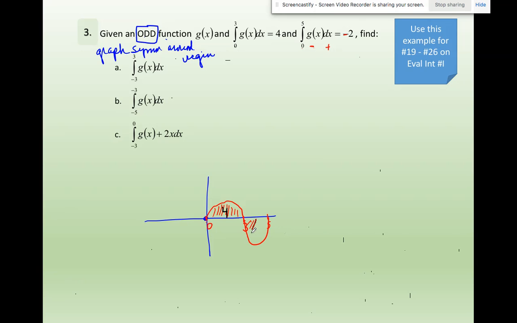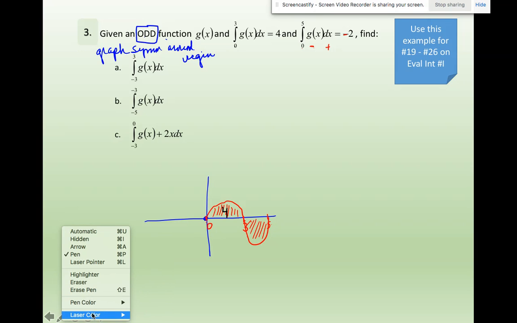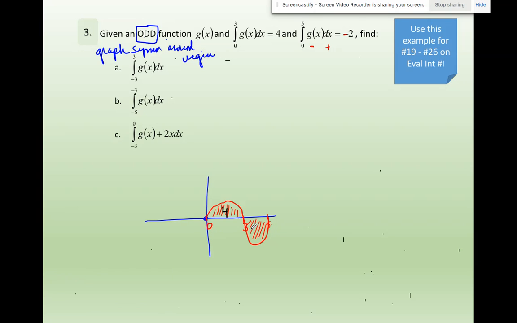What does the integral from 3 to 5 have to be if you've already got positive 4 going from 0 to 3? Oh, snap. That integral has to be negative 6, right? Positive dx's, negative function heights, I get a negative 6 going from 3 to 5. Because now what happens when you go from 0 all the way to 5? You add 4 and negative 6 and you get negative 2. Check.